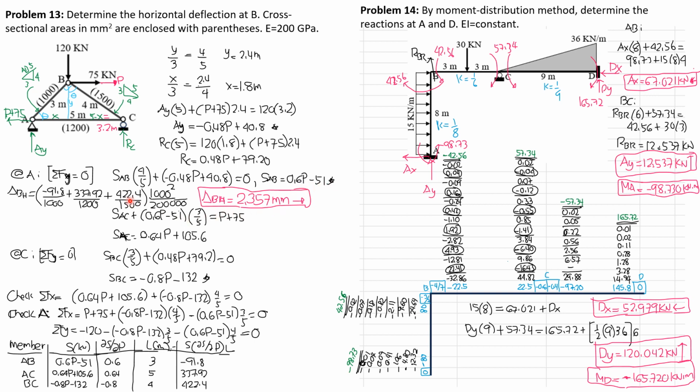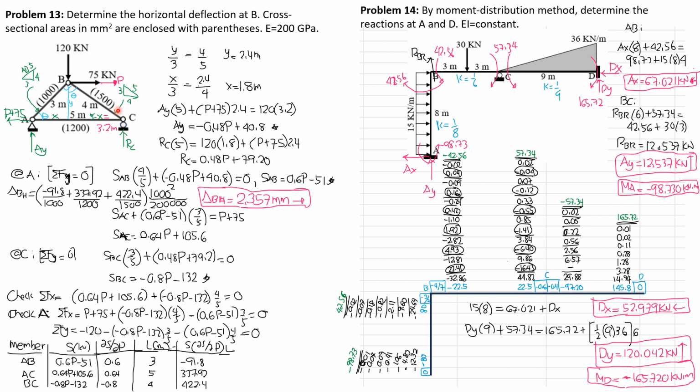Then summation forces x: SAC plus the horizontal component of AB, so SAC plus SAB, which is 0.6P minus 51, times 3 fifths, horizontal component, equals P plus 75. Simplifying, SAC is 0.64P plus 105.6.